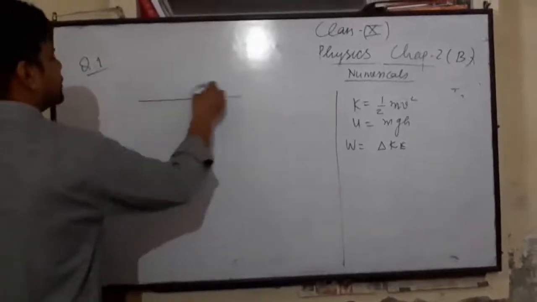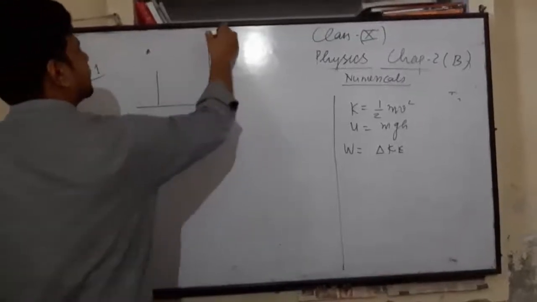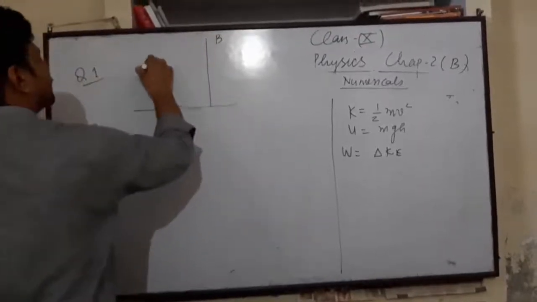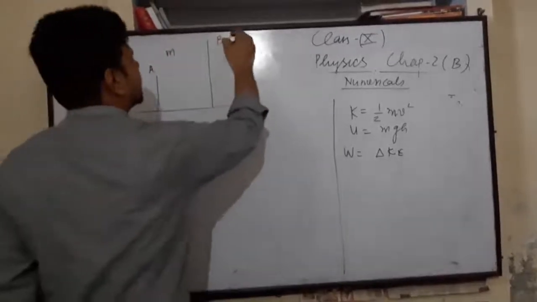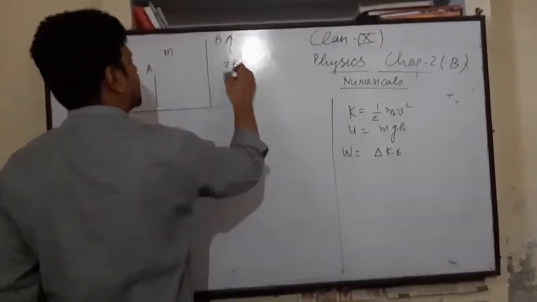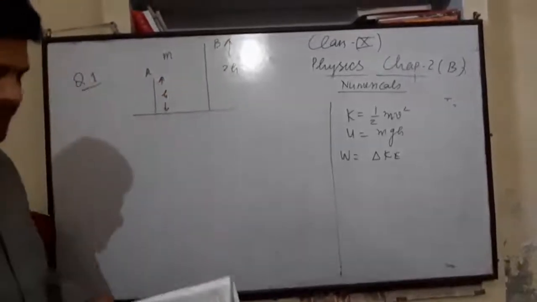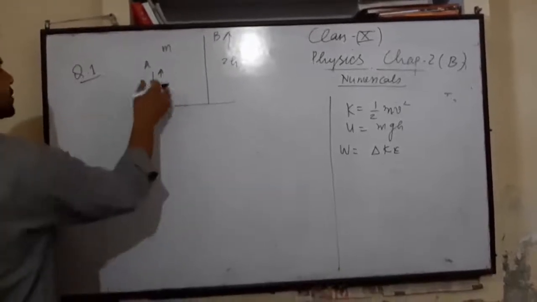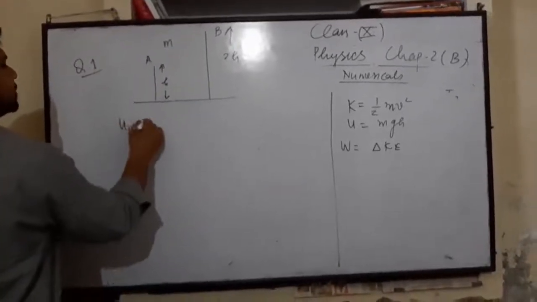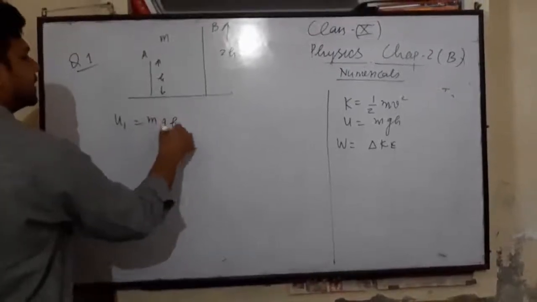We have two bodies A and B having equal masses. The mass of both bodies is the same, but the heights at which they are placed are different. So we have to find the ratio of gravitational potential energy. For this object, the gravitational potential energy UA is mgh.